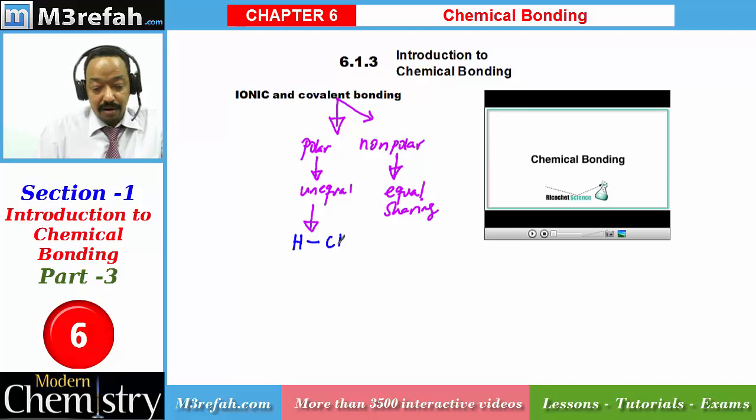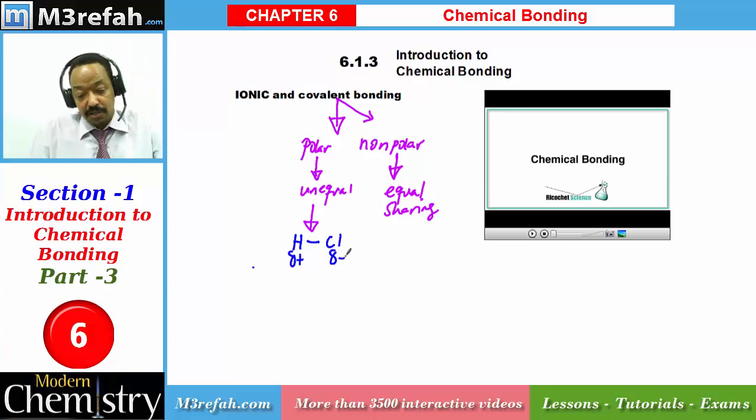Because in the previous chapter, as you go across the periodic table, the electronegativity increases. So hydrogen has got this symbol and chlorine has got this symbol, which means partial positive and partial negative.